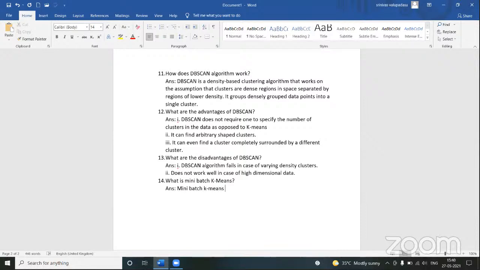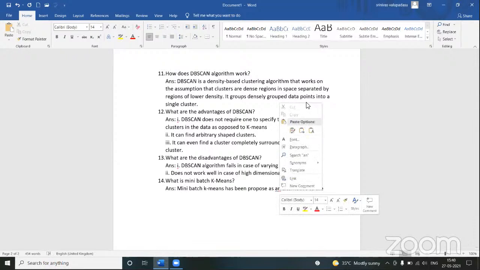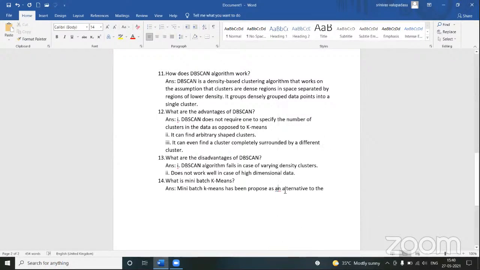Mini batch K-means has been proposed as an alternative to K-means clustering for massive data sets.